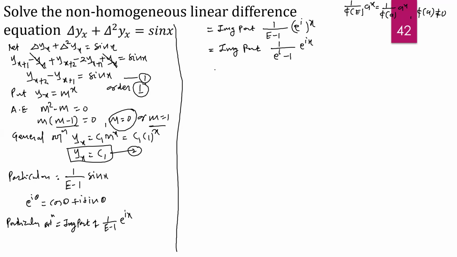We multiply and divide by its conjugate, e raised to minus i minus 1. So it is the imaginary part of 1 upon (e raised to i minus 1), multiplied and divided by (e raised to minus i minus 1), into e raised to ix.